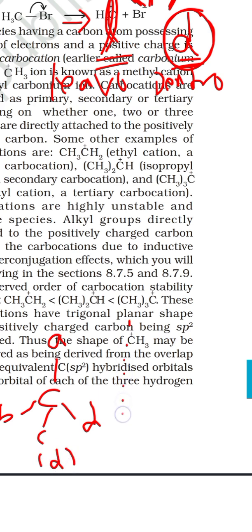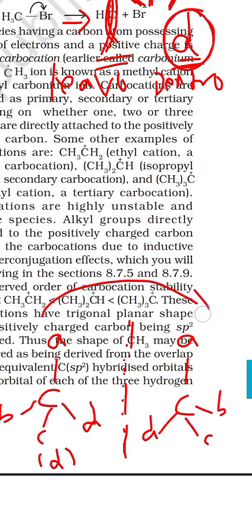Here a mirror is available. Then its mirror image is like this. Carbon and A will be there only, but D will be on this side, C will be like this, and B will be like this. These two are mirror images.